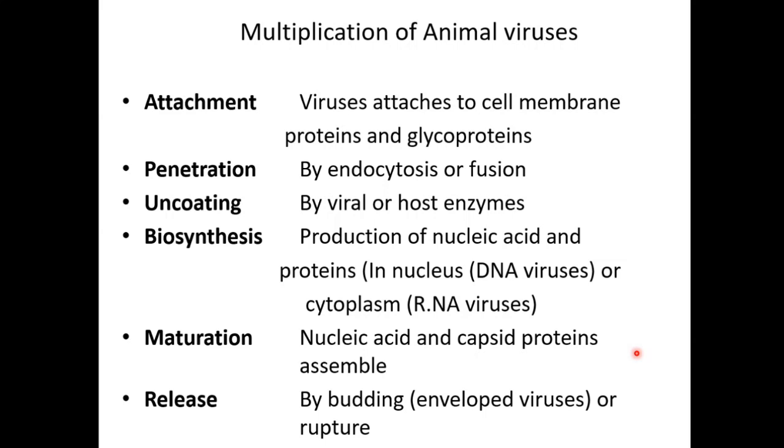So in animal cells, there is attachment. The virus will attach to the cell membrane protein and glycoprotein. Then there is penetration, either by endocytosis or fusion. Most enveloped viruses get in by endocytosis, which means the virus is internalized in the way the host cell takes material from outside.